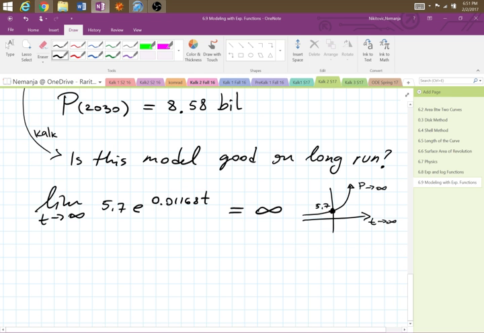All right. So how do we fix this? Well, as I said, there's a logistic model and so on. We're not going to cover that here, but eventually in differential equations, you are going to see a model that starts at P0, grows, and then flattens like this.